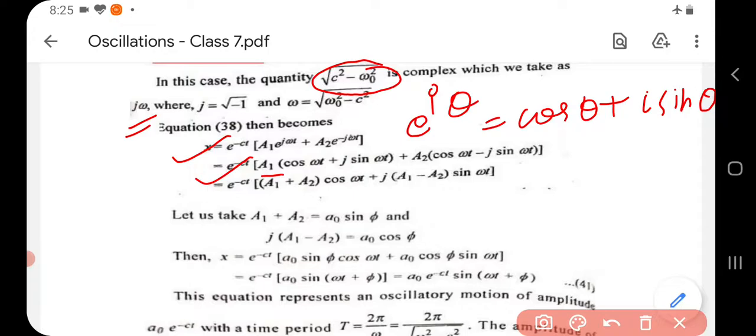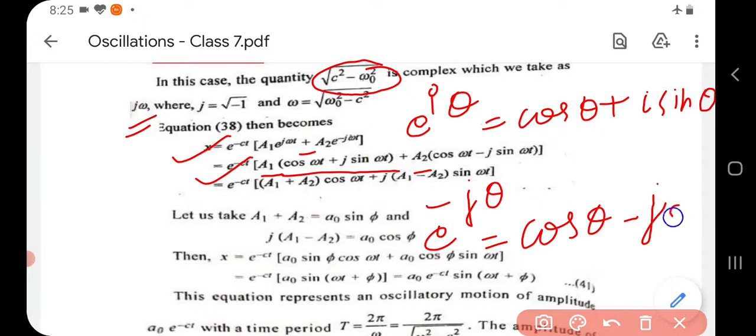Okay, here instead of i they have given j, so you write j. Similarly, for a2, e raised to minus j theta is nothing but cos theta minus j sin theta. Here your theta is omega t. So that substitution you have to make.